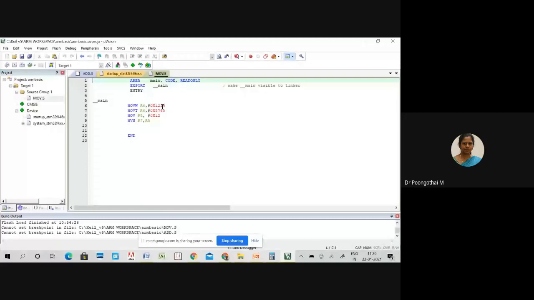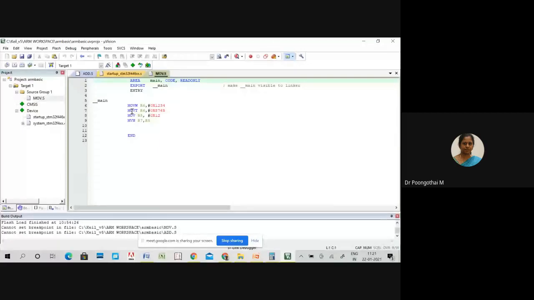The purpose of this instruction is to move the 16-bit hexadecimal value to the lower half word of the R6 register. The purpose of the move top instruction is to combine the lower half word of a register with the higher half word of the register.